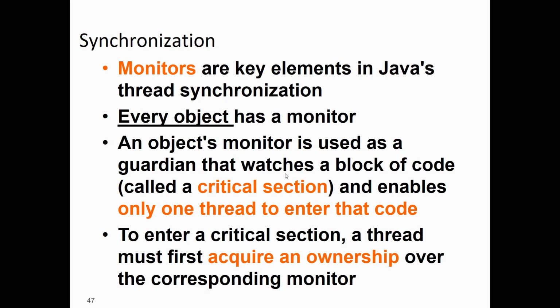The idea of synchronization in Java is based on the so-called monitor. This is the concept: an object has a monitor. So whenever you create an object, also something that is called a monitor is assigned.